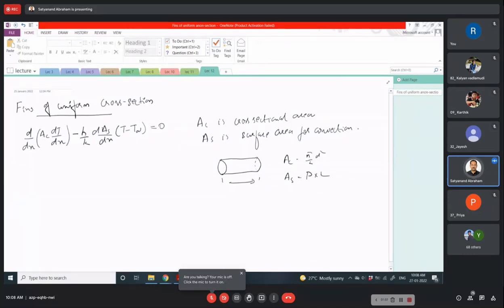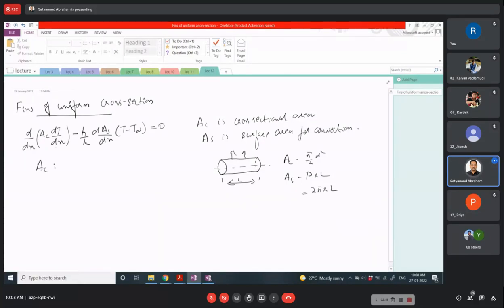If this is the length, then it is equal to 2 pi r into L. We are assuming only the surface area which is perpendicular to that of the conduction. So that's what we mean by fins of uniform cross section.